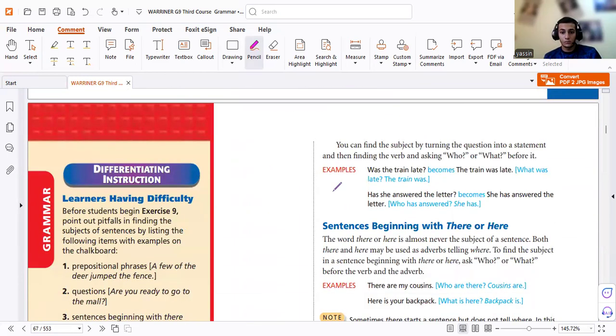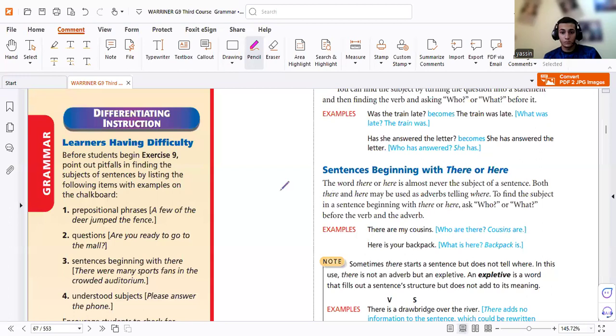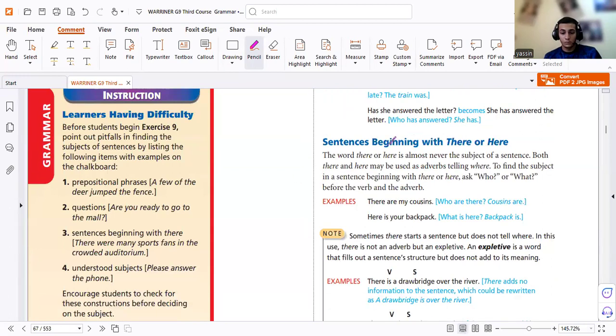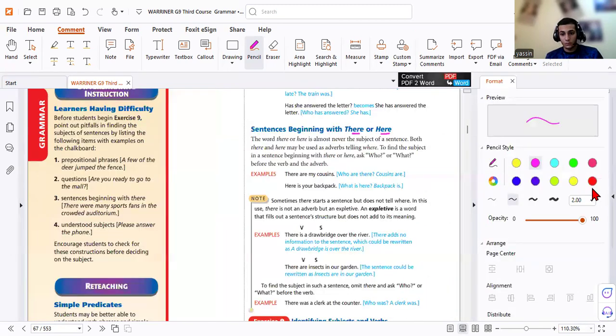Here it's the same. How about sentences beginning with there or here? There are my cousins. You know that there means a place and here means a place. So here and there already express places, and expressing places means adverb.